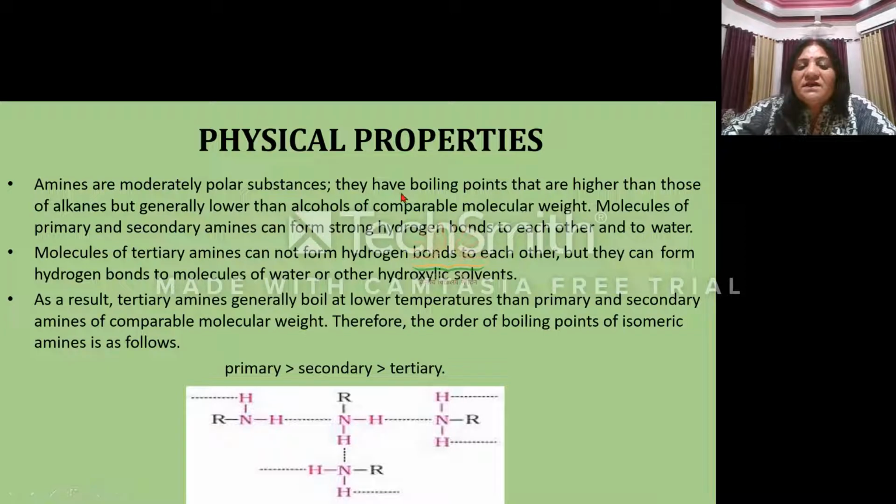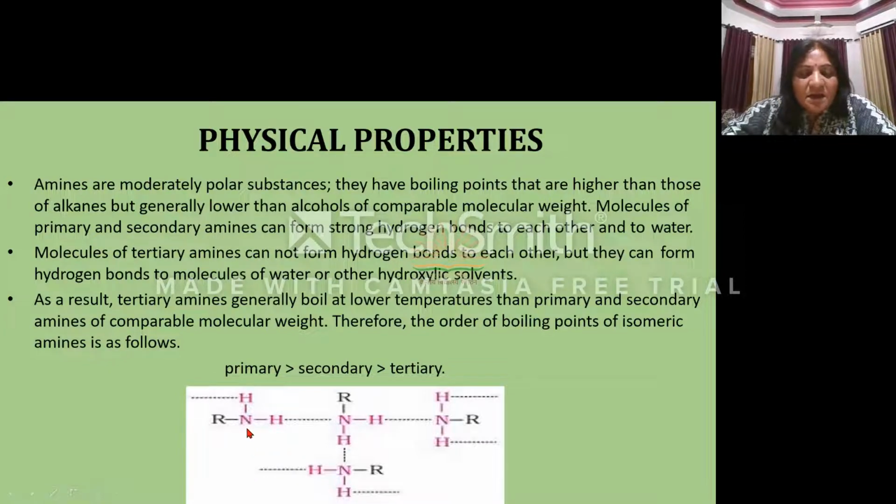So this is the reason that alcohols have the higher boiling point than the comparable molecular mass amines. Molecules of tertiary amine cannot form hydrogen bond. The reason we will discuss further, that due to the non-availability of the hydrogen. So how can the tertiary amine form the hydrogen bond? And so this is the reason they are least soluble in water.